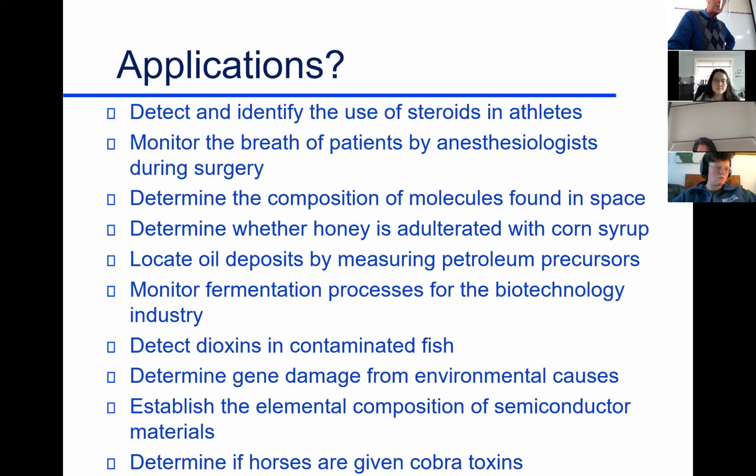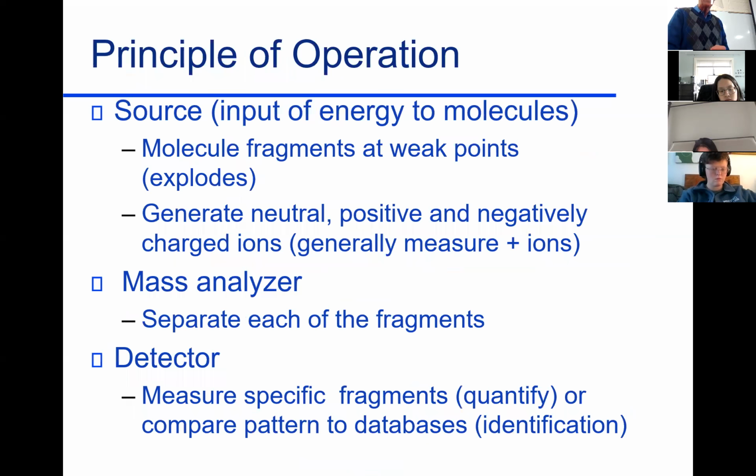Monitor fermentation processes. Detect dioxins in contaminated fish. Determine gene damage from environmental causes. Elemental composition of semiconductors. Determine if horses are given cobra toxins to deaden the pain in races. You know, it's not just foods, it's used so broadly throughout our analytical world. It's absolutely fascinating. Like I say, this could go on for page after page.